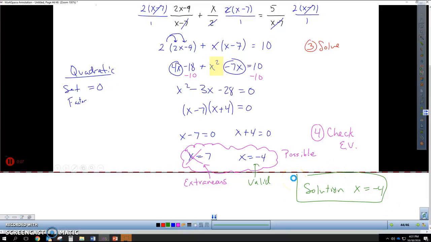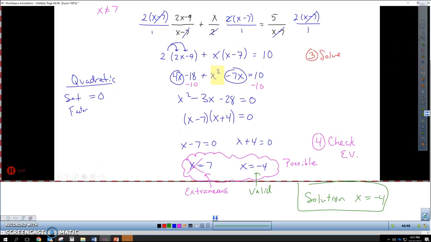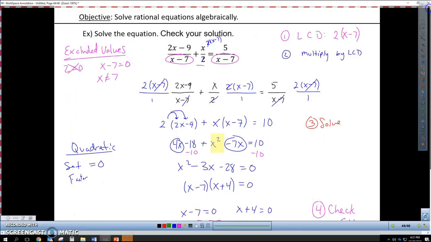So that is solving rational equations algebraically. I hope you have enjoyed the videos. And what I would like you to do now, if you're in my class, is go into Google Classroom and check out the practice problem set. You're going to do it just as if I was there with you.